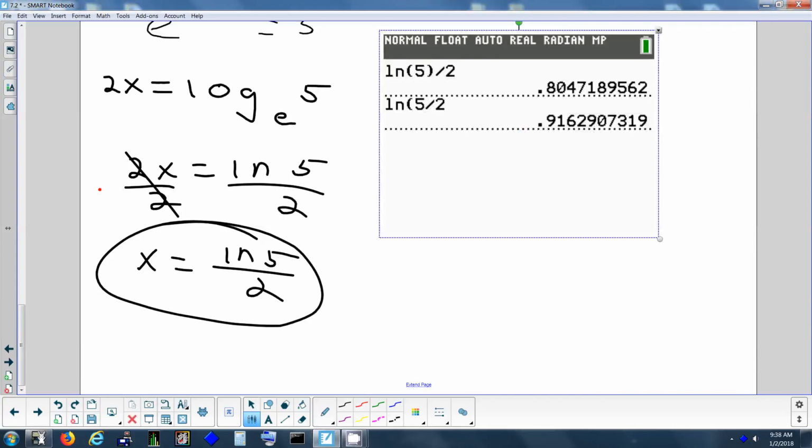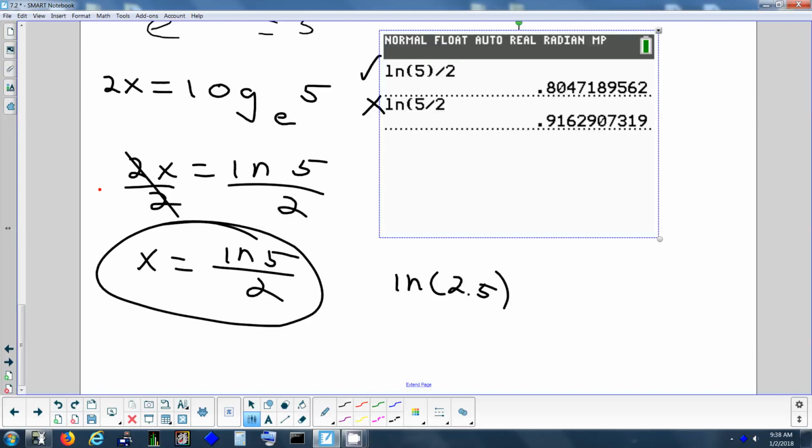This bottom one, which is the wrong way, is basically taking 5 divided by 2, and then taking the natural log of 2.5. But that's not the same as taking the natural log of 5 and then dividing by 2. So if you type it in, be careful with parentheses. Okay. Any questions on that?